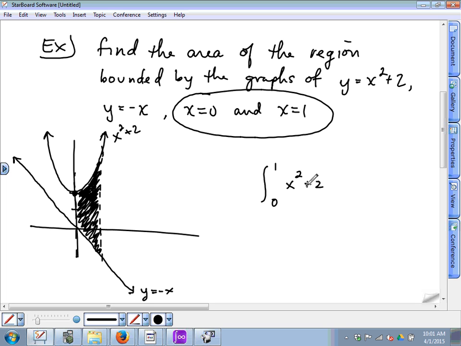It's the function that forms the upper part of the region. And then you subtract the function that forms the lower part of the region. Because it's going to be negative, so you subtract. So you subtract negative x. And then you take the integral.